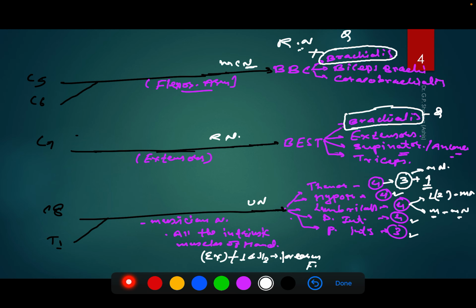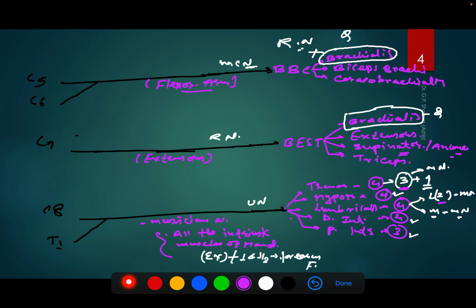Is that okay, right? If we understand this much, see, all the intrinsic muscles in the hand are supplied by the ulnar nerve, except 3 muscles in the thenar eminence, we will remember the names, and then 2 lateral lumbricals. Others are all supplied by the ulnar nerve.